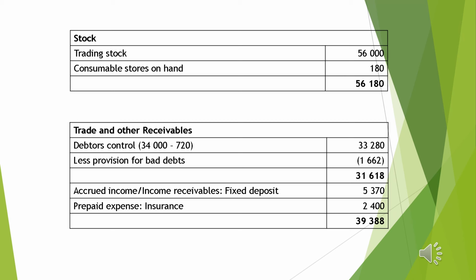Then let us continue to the second note to the financial statements. In this note, we are looking at trade and other receivables. With trade, we are looking at a situation where we as a company enter, or normally enter, into transactions of buying and selling.